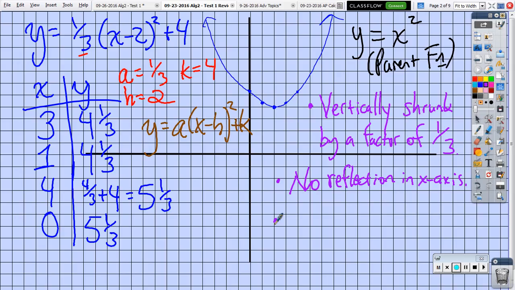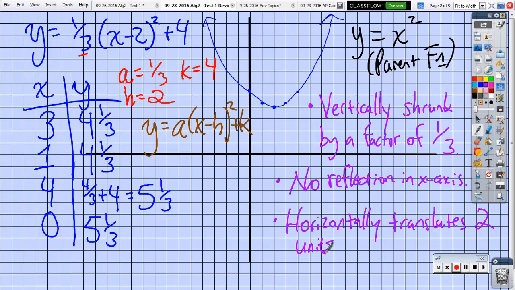And then what about horizontal translations or vertical translations? No one says anything, which is kind of scary. This guy horizontally translates to the right. How do you see that? This guy right here, the h. Yes, 2 units. My friend was saying that this whole time, and I heard you.